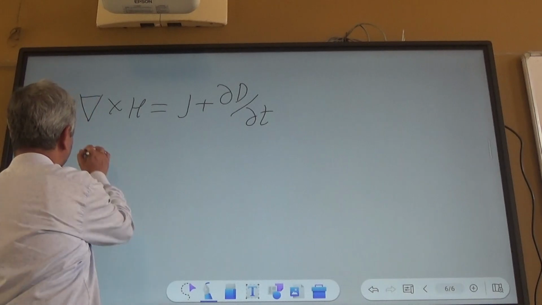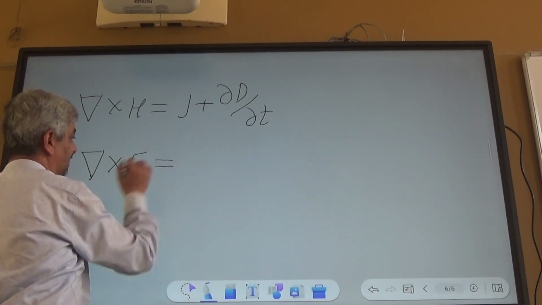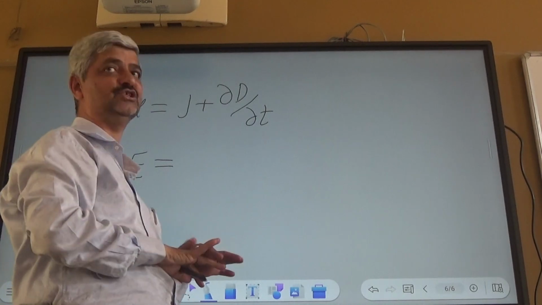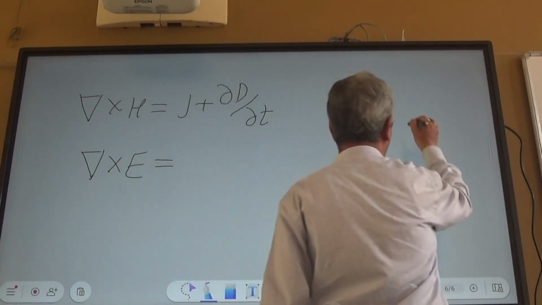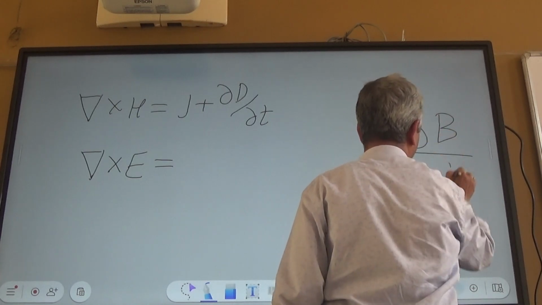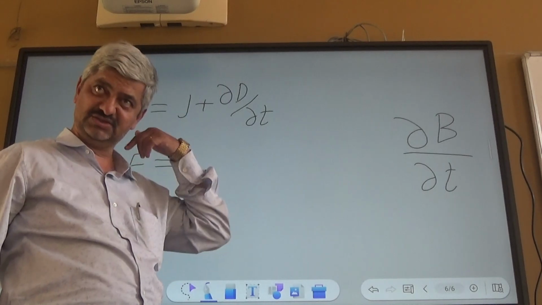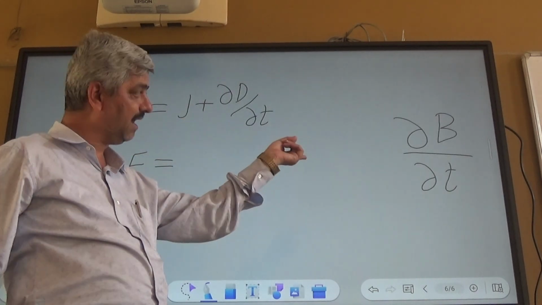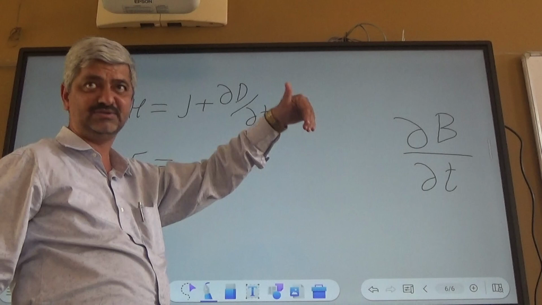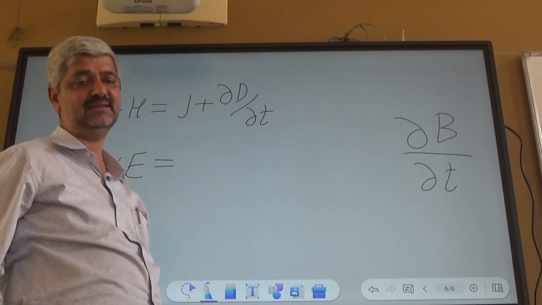And the last Maxwell's equation, del cross E, what would that be? That is related to Faraday's law. What term should be there? Delta B by delta t term should come. That is the rate of change of magnetic flux density.